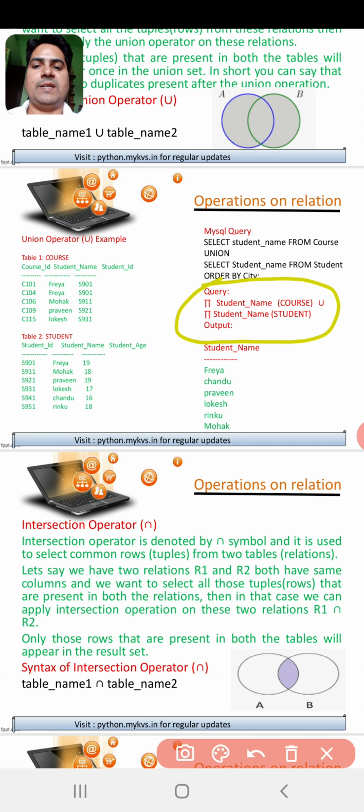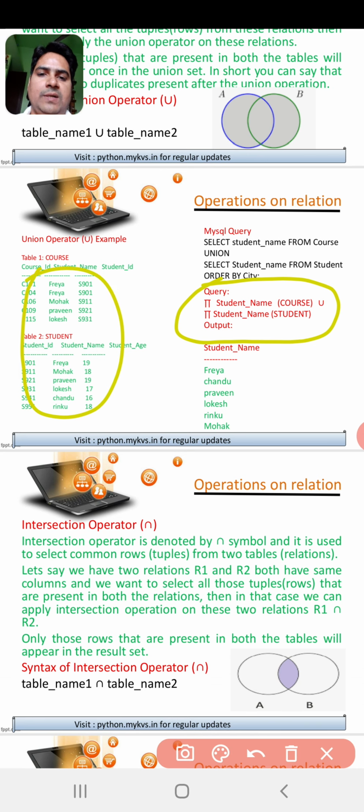One column is taken, it is a common column, and the output we have obtained: Freya, Chandu, Praveen, Lokesh, Rinku, Mohak. Freya, all the students are selected here from both the tables, and the repeated name is written once. You can see clearly in the table.